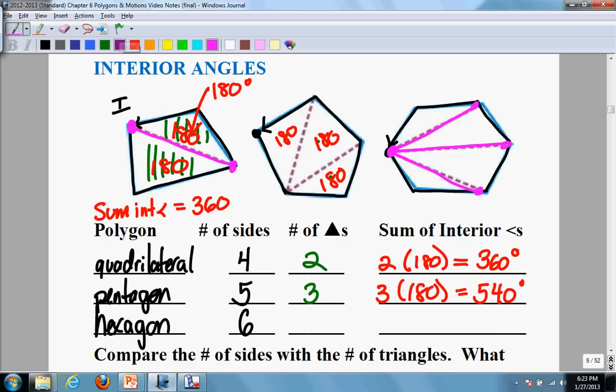With 3 diagonals, we see that we get 1, 2, 3, 4 triangles. So if I want the sum of the interior angles, I simply do 4 times 180. 4 times 100 is 400. 4 times 80 would be 320. And 400 plus 320 would be 720 degrees.